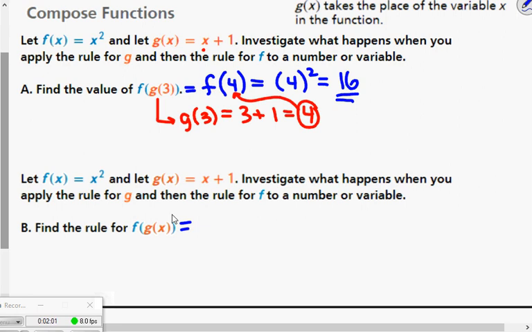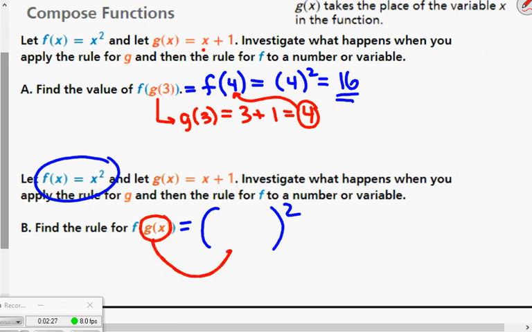For this part, I consider the f of x to be the outer function, like the template on the outside, the outer shell. So on the outside, we have x squared. We are placing inside that function a different function, g of x. It's going to become our input.